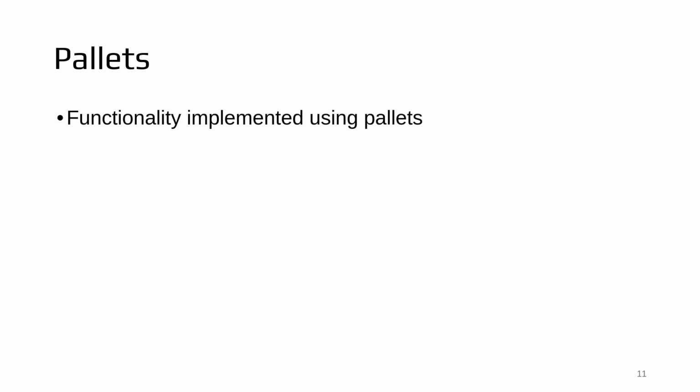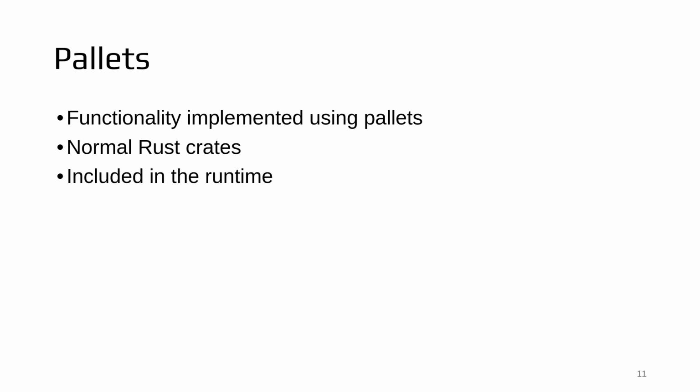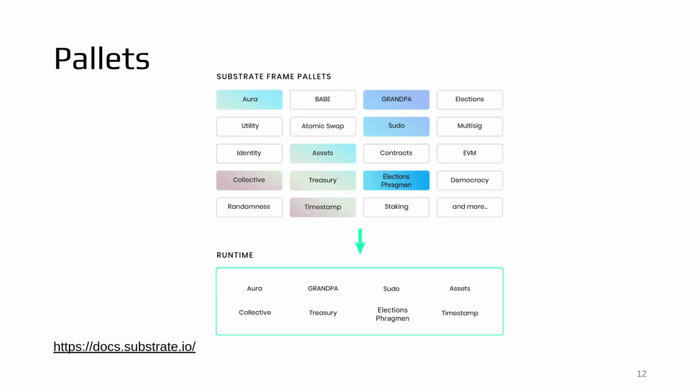And earlier I was talking about pallets, and well, here it is. Pallets are just functionality that is implemented as cargo crates that can be imported into the runtime and used by the Substrate node that you have.